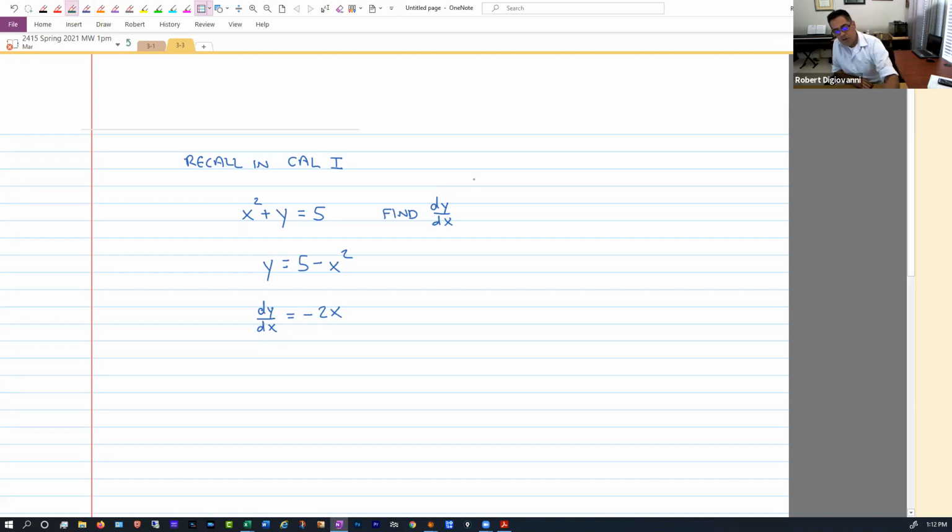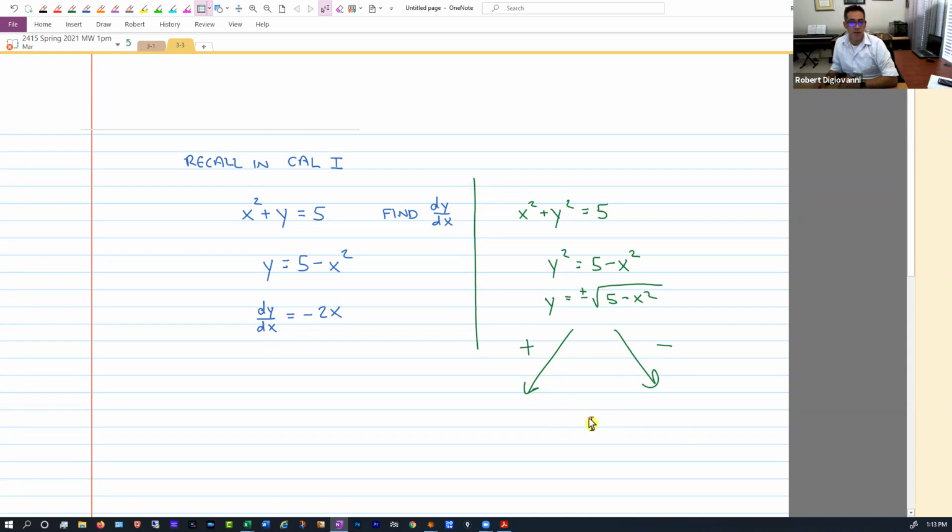Now, when you compare that to something like this, this was a little bit different, because if you try to isolate the y, you could take the x squared to the other side, but now you run into a problem because you have y squared. You'd have to take the square root to get y by itself, but then you would have two different answers, plus or minus, right? That basically forces you to look at the positive case and the negative case and then do derivatives of those individually.